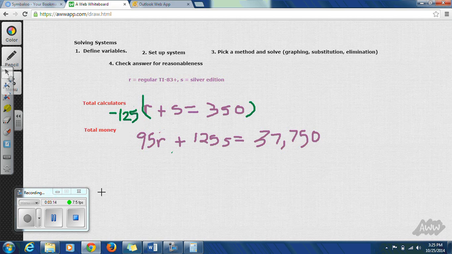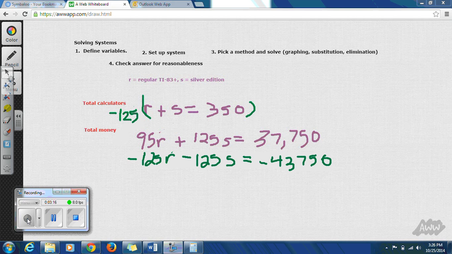So when we do that, we get, these parts are easy, negative 125R, negative 125S, and negative 125 times 350 gives me negative 43,750. Alright, so now that we've done that, I'm ready to do the process of elimination by adding these two equations together.